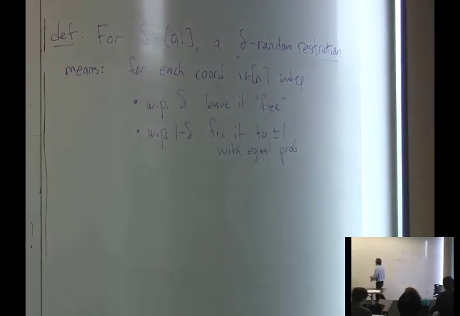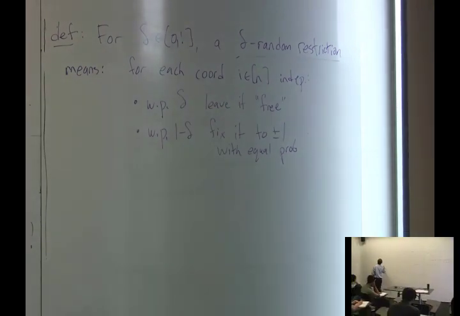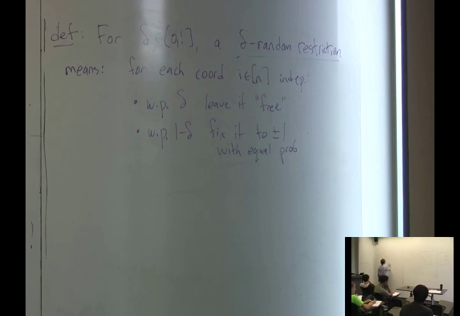Okay, so let me do a little example over here. Imagine you had a function like majority on 5 coordinates. So there's 5 coordinates, 1, 2, 3, 4, 5.